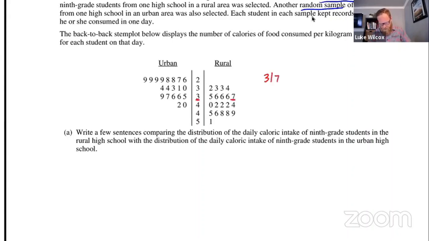That 3 and 7 is telling me 37. So the number here is the tens, and the number that is the leaf is the ones number. So this represents 37 calories. And on the other side, there's a 37 calories on the other side as well. Okay, so we have a back-to-back stem plot here.